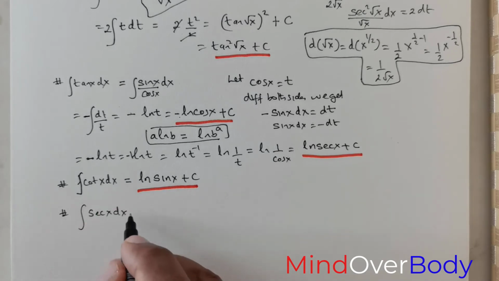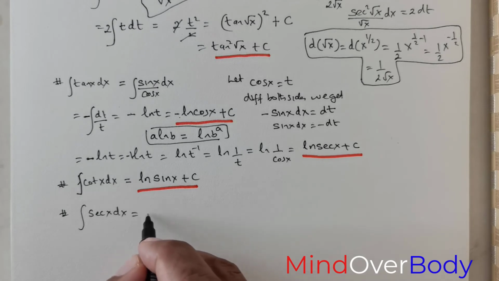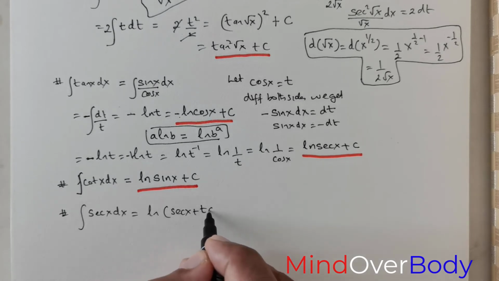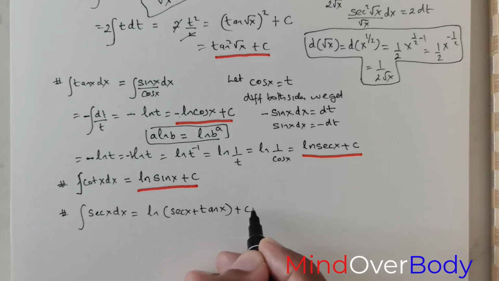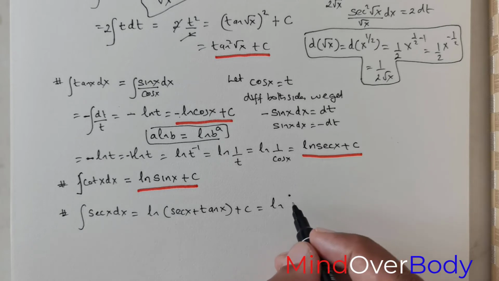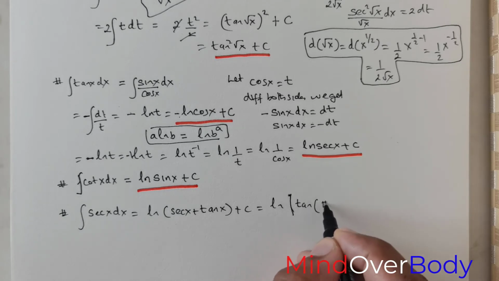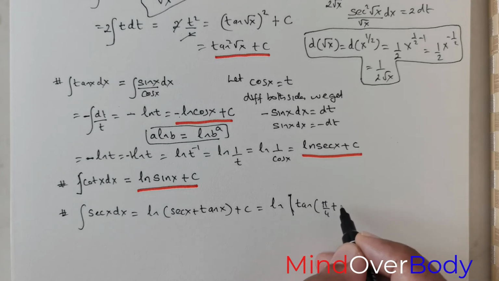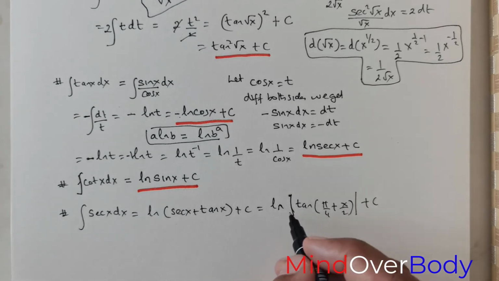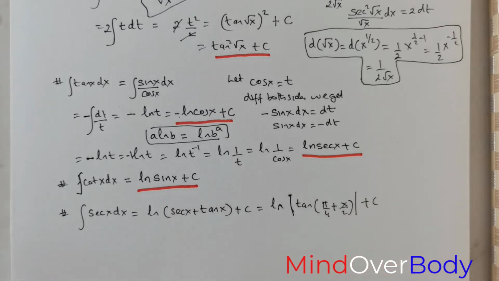We are going to see that the result is ln of the modulus of secant x plus tan x plus c, or it is ln of the modulus of tan of pi over 4 plus x over 2 plus c. I'm going to show you how this result is obtained. So let's get this result out of the way.